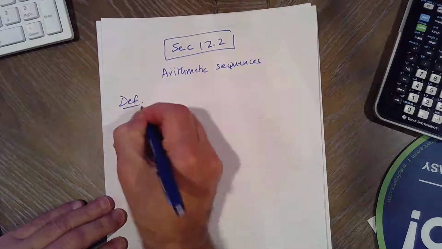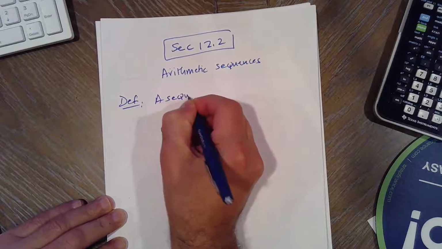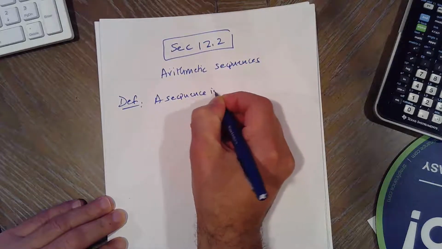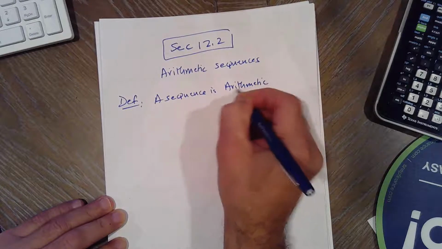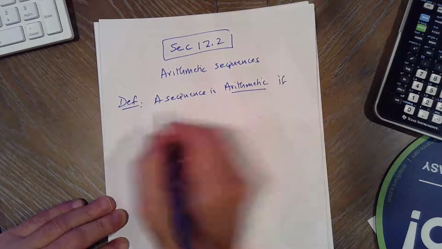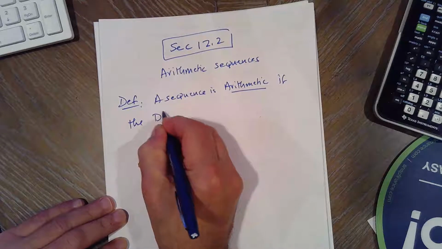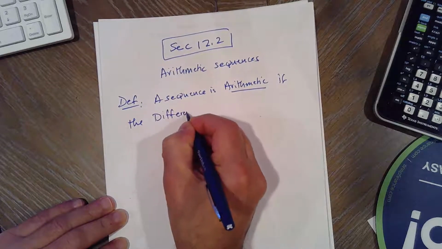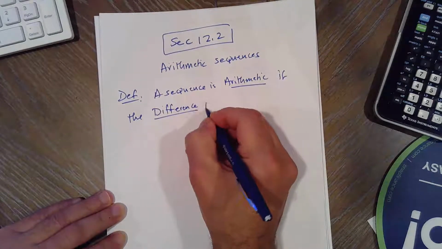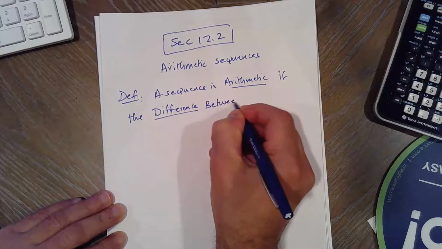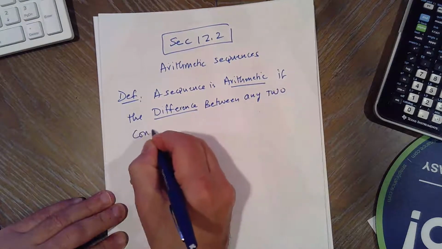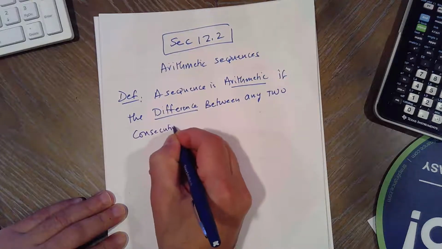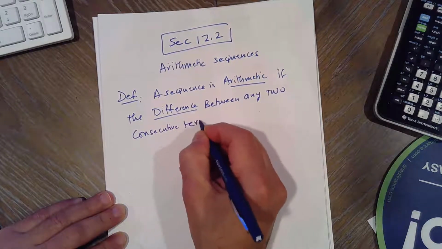So a sequence is arithmetic if the difference between any two consecutive terms is constant.